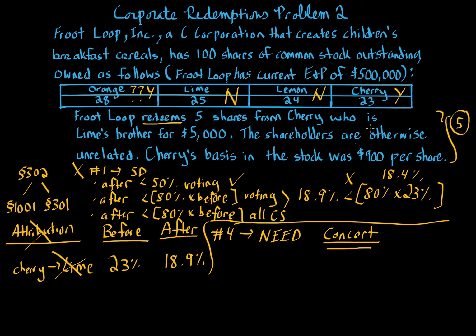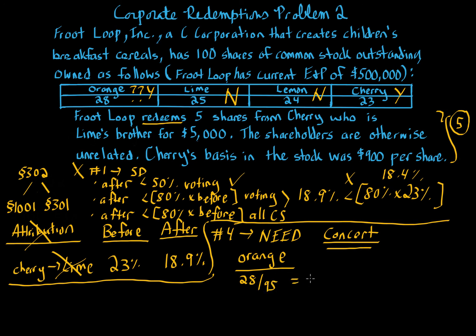So before, if Cherry teamed up with Orange, Cherry could control with Orange. After, though, if you run the numbers, and we're just going to focus on Orange only, Orange's after number: Orange still owns 28, but there are now 100 minus 5 shares, 95 shares.